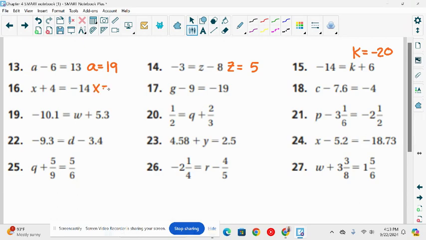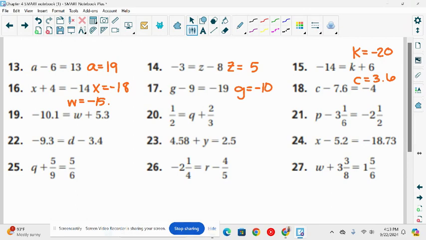X equals -18. G equals -10. C equals -3.6. W equals -15.4.